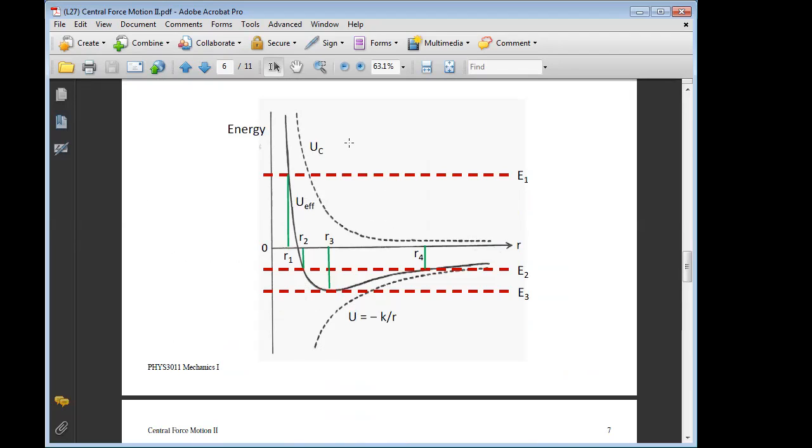So the potential will look like this. This is the total potential, the effective potential. If you have energy equal to that, what is the trajectory? She said bounding ellipse.